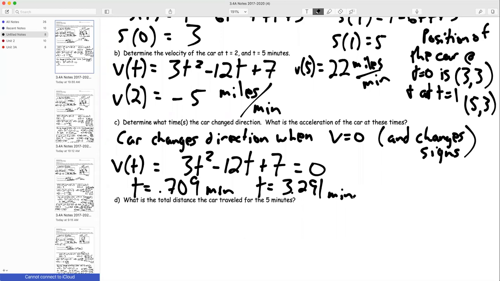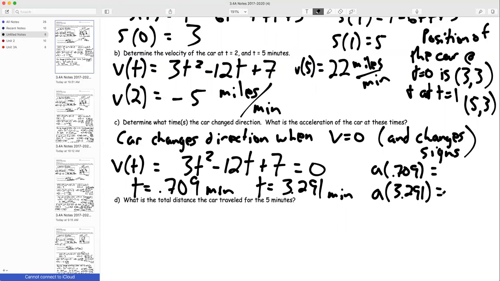And now I'm going to answer the second part of the question, which says, what is the acceleration of the car at these times? So take your calculator, and this time we're going to use our acceleration equation, which is 6t minus 12. I'm going to plug in 0.709 for that, and then I'm going to plug in 3.291 into my acceleration equation.